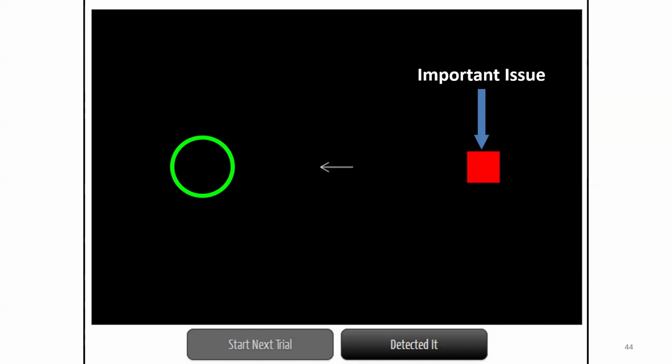And why this is important is because it then requires you to move your attention back. It then requires you to put in effort to get back and find that other important issue, which takes effort, which takes time.